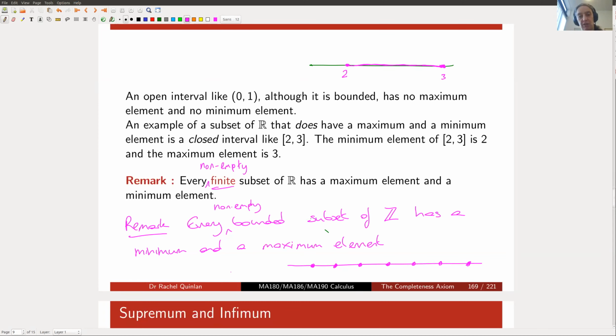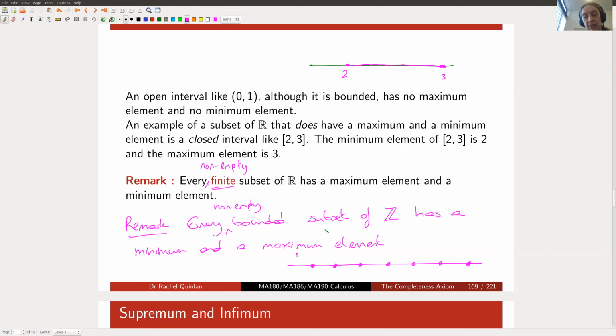If you're traveling from left to right and you've got a bounded subset of Z in mind, eventually you're going to meet an element of Z for the first time. You're not going to have already skipped over loads of them before you can pick out one that's there. So every bounded subset of Z has a minimum and a maximum element.